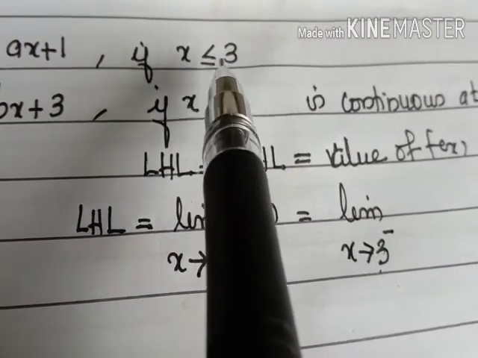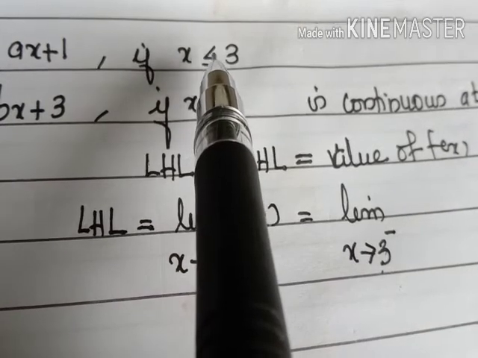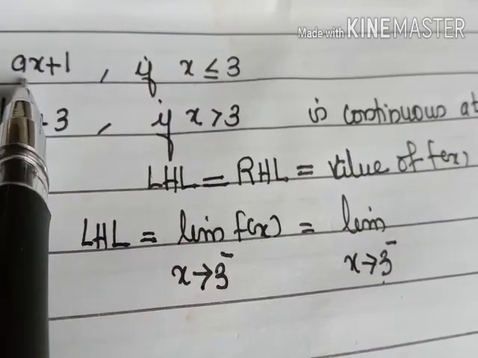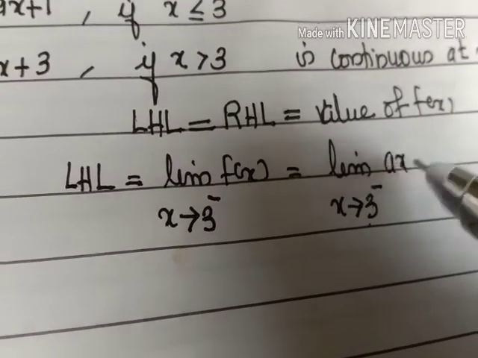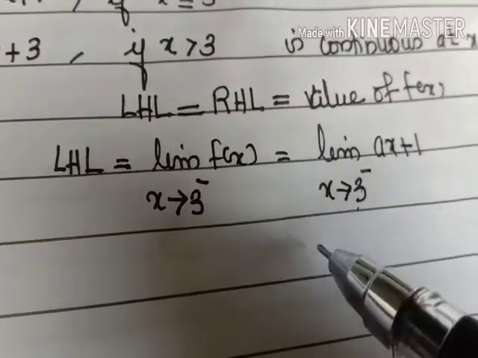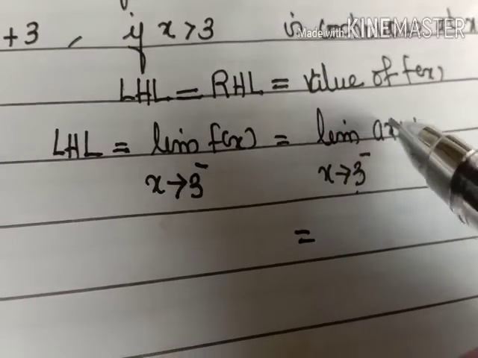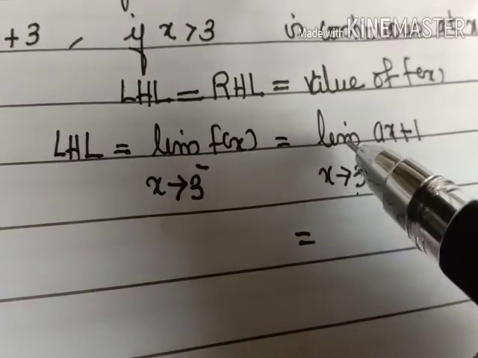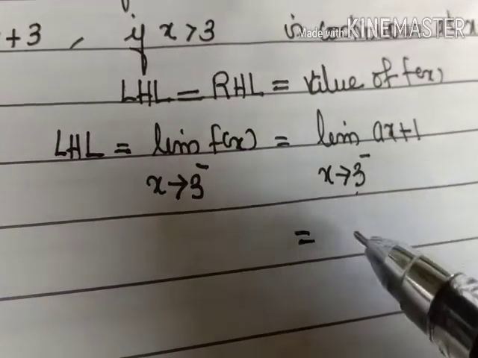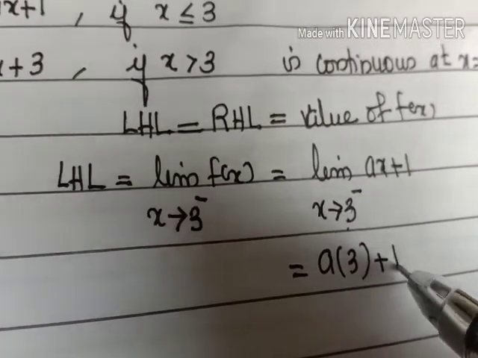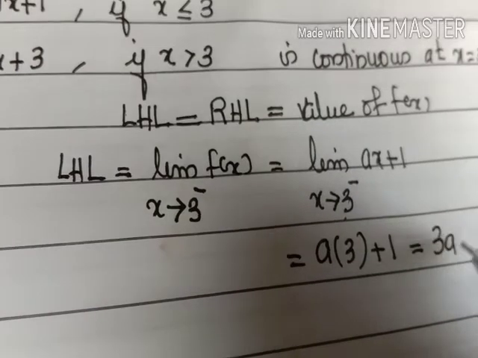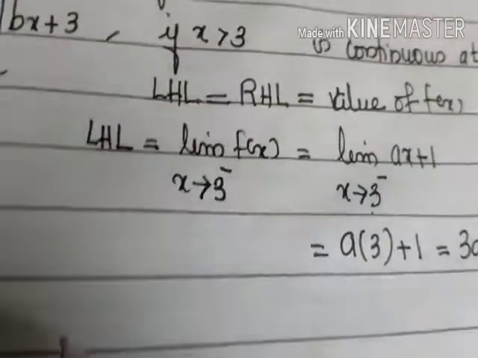So in this interval, function is defined as ax plus 1. So write it here, ax plus 1. In this one, apply the limit. Apply the limit means put x equal to 3. So this becomes a into 3 plus 1, so 3a plus 1. That's our left hand limit.